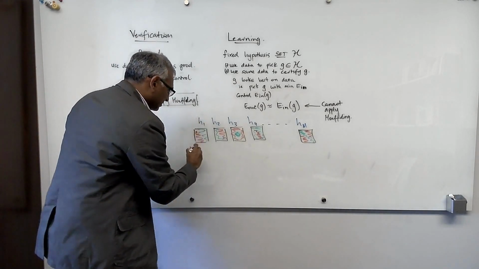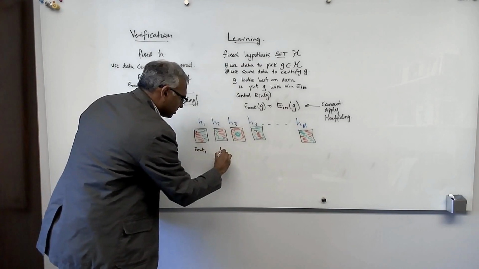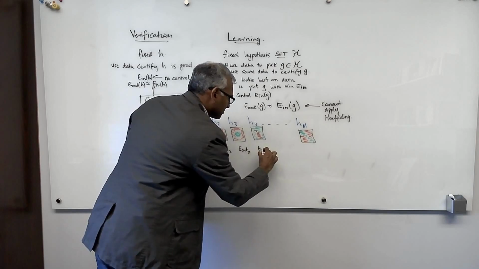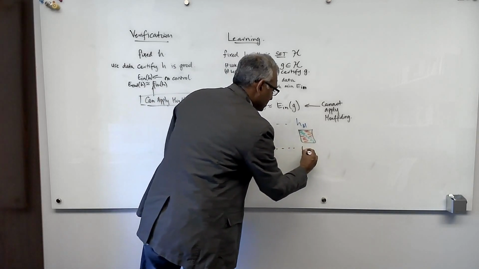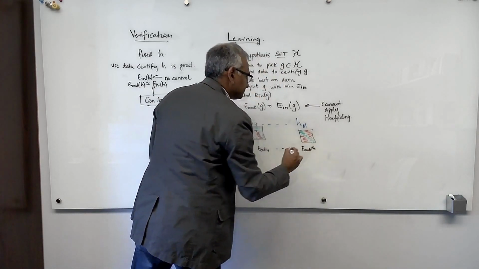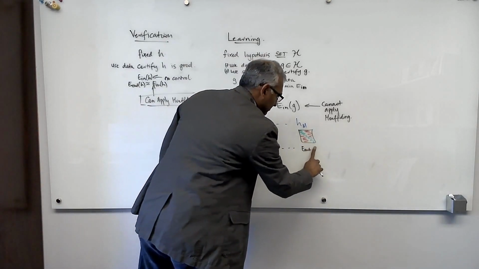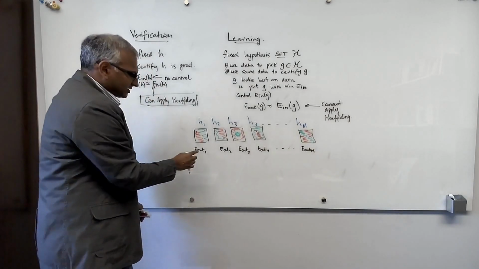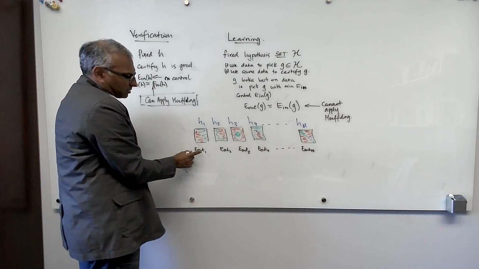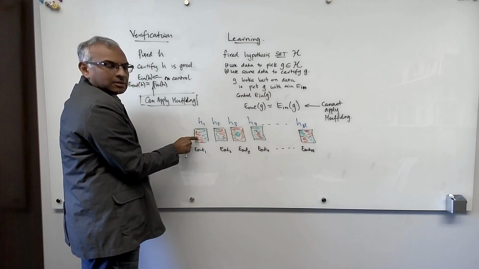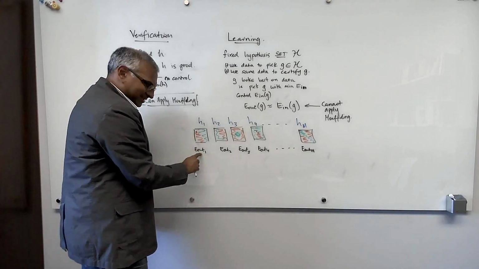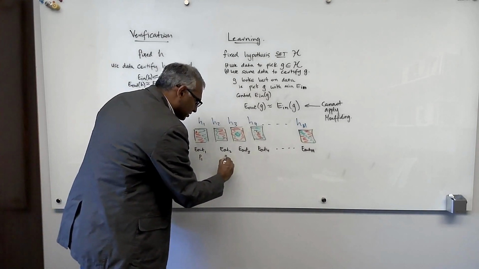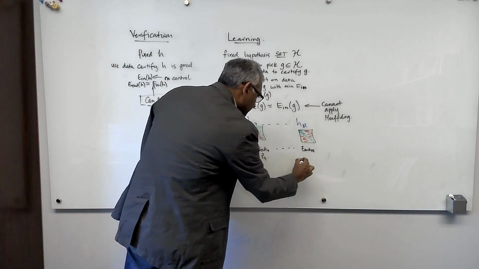So there's E out 1, E out 2, E out 3, E out 4, and so on, E out N, corresponding to mu1, mu2, mu3. What is this E out? It is the probability that if you randomly generate a point, you end up in the red region. So it's exactly a probability, which I could call P1, P2, P3, P4, Pn.